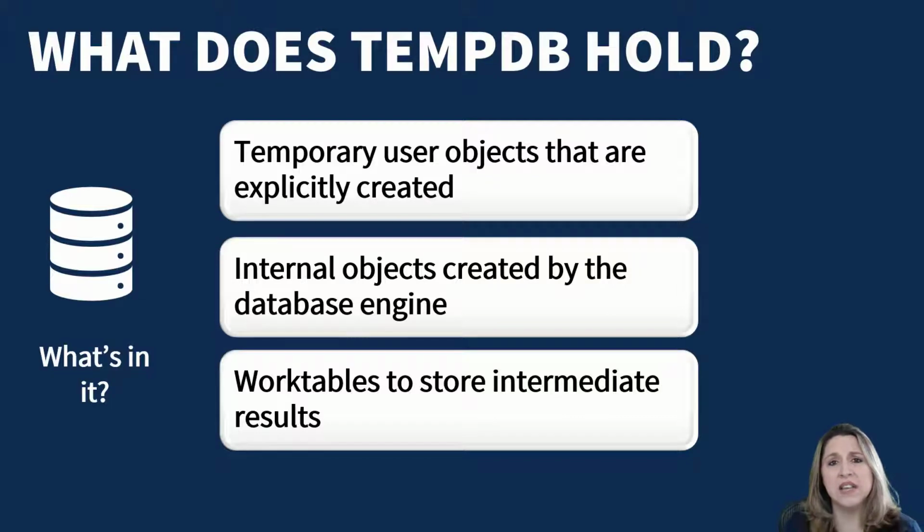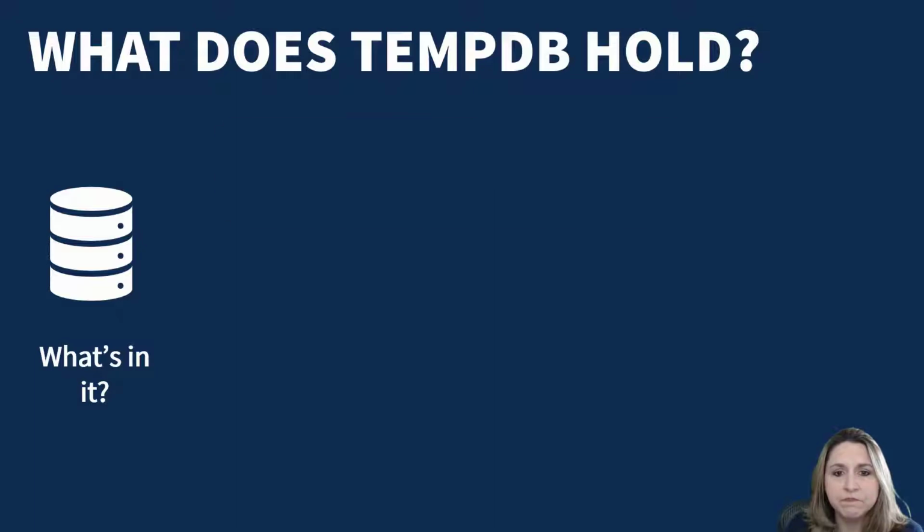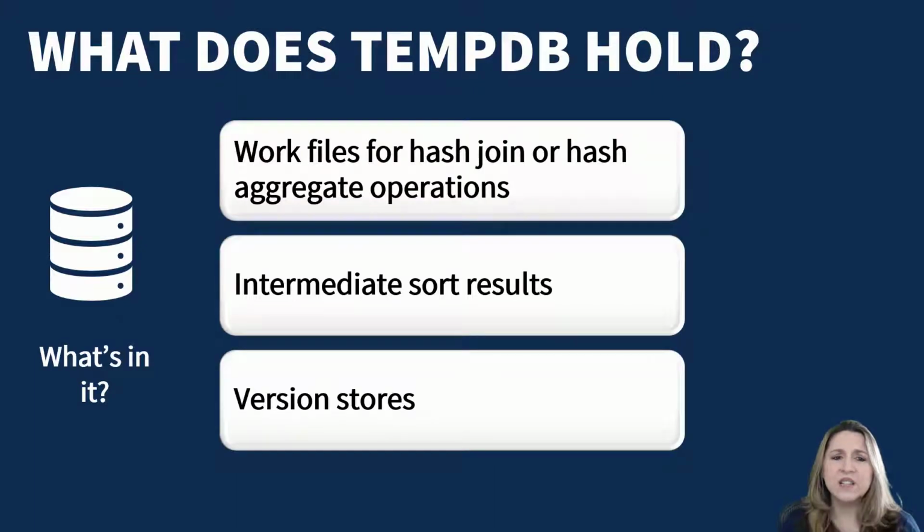The engine uses Tempdb to actually do some things, and those are your internal objects that are created just by the database engine that you might not be aware of. We've got some work tables. If you ever notice inside your execution plans where you have some spools and sorts and maybe some temporary large objects that are created, those are all happening inside Tempdb. Now, we've got some work tables that actually do some things inside Tempdb.